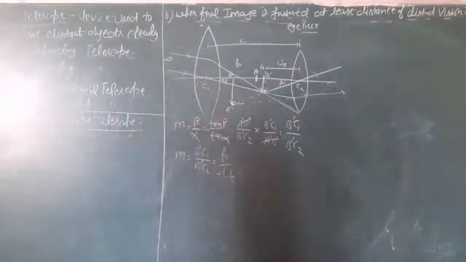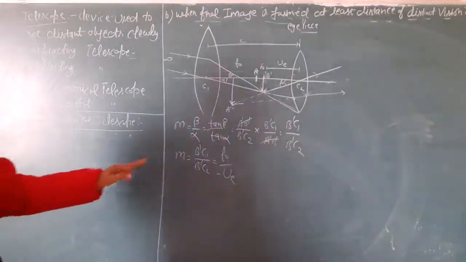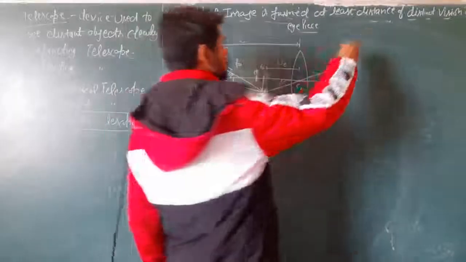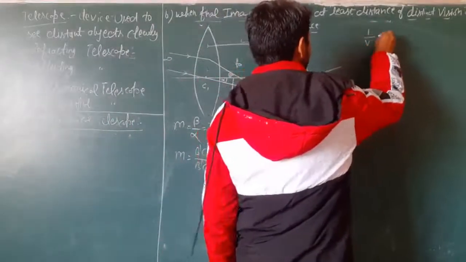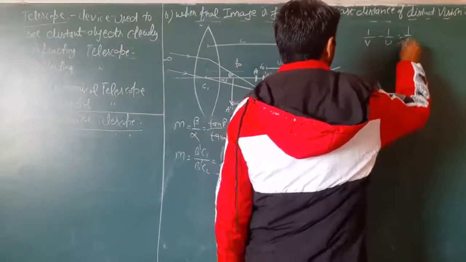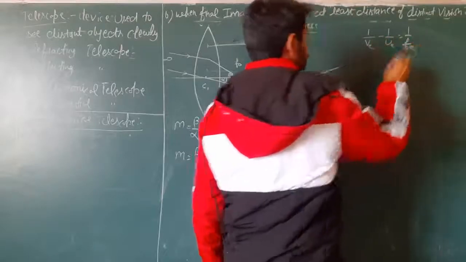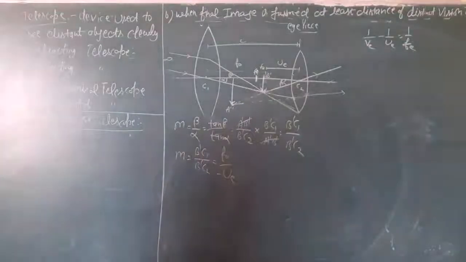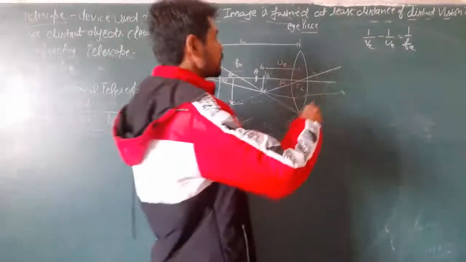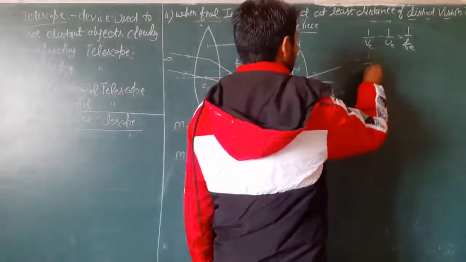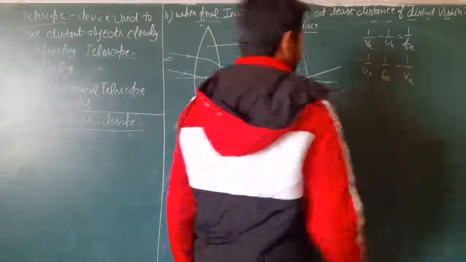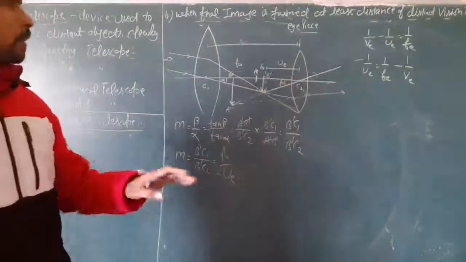What we are doing now is calculating the value of 1 by UE using the lens formula. What is the lens formula for the eye lens? The lens formula generally is 1 by V minus 1 by U is equal to 1 by F. In the case of the eye lens, we take VE, UE and FE. So minus 1 by UE is 1 by FE minus 1 by VE. What is VE?